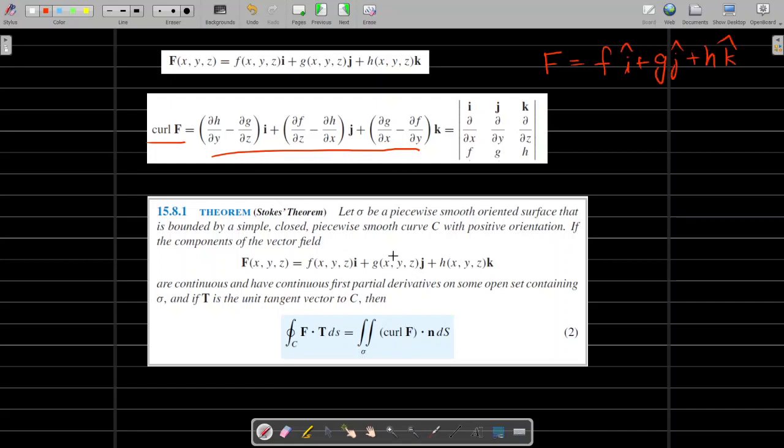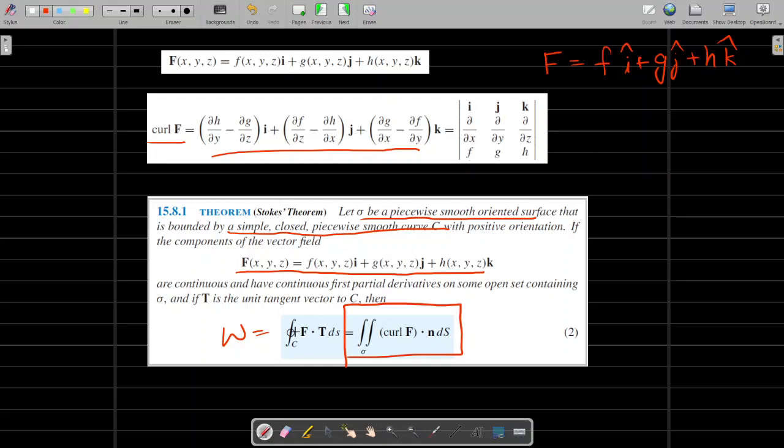So if sigma is a piecewise smooth surface and suppose C is its boundary, which is a simple closed piecewise smooth curve, and F is the vector field given by F i plus G j plus H k, then the work done is given by this integral, which is the work integral, where T is the tangential component and s is the arc length parameter. So work done is integral over C of F dot T ds, which is equal to the double integral over sigma of curl F dot N dS.